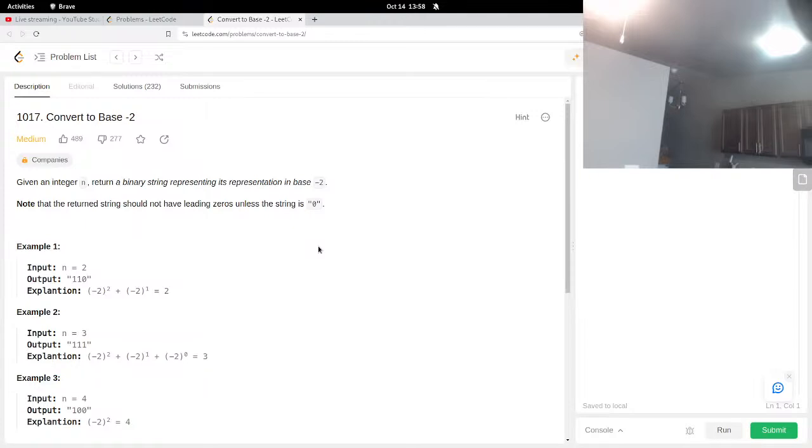Then, which is where things get interesting, 2 squared can be just negative 2 squared, and 2 to the first has to be written as negative 2 squared plus negative 2 to the first, which gives me 4 minus 2, which is 2.